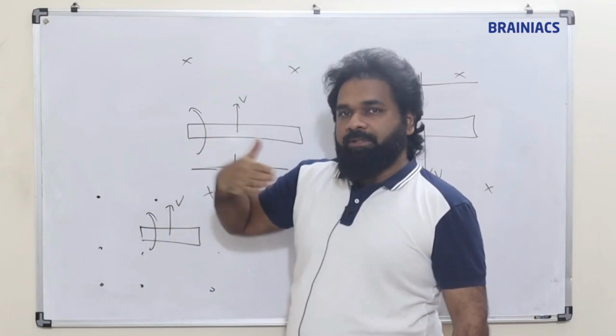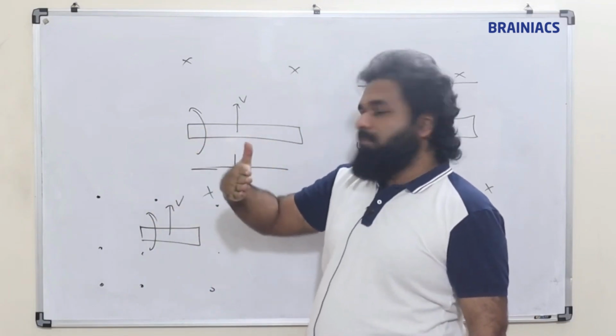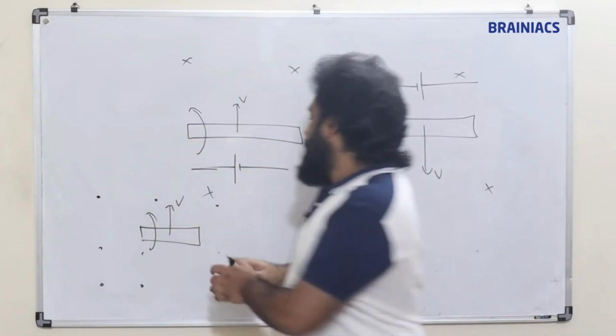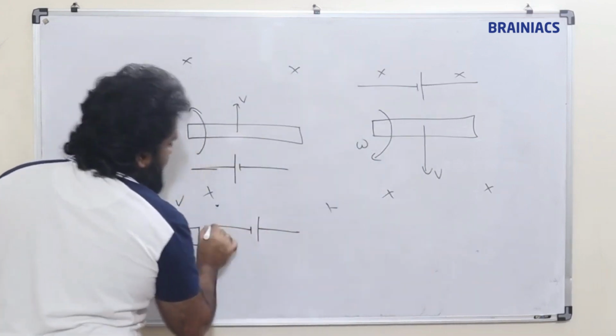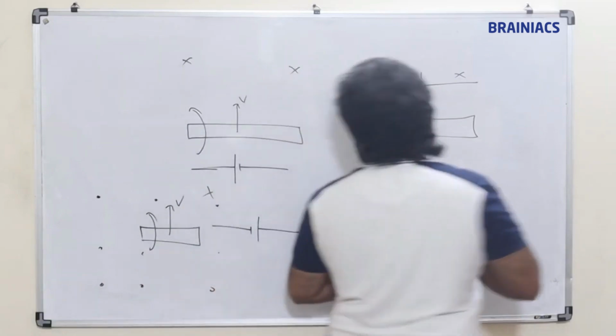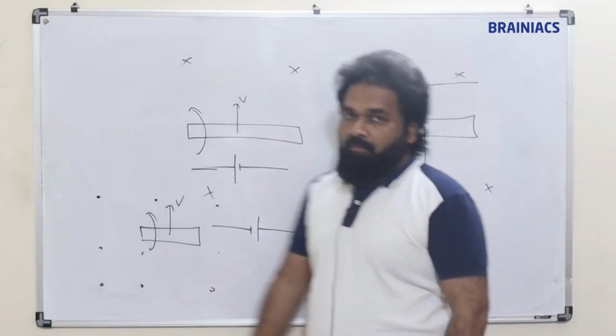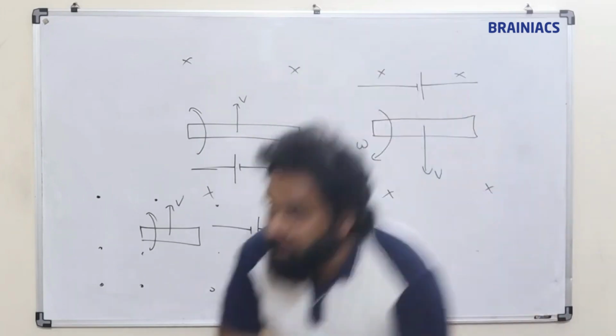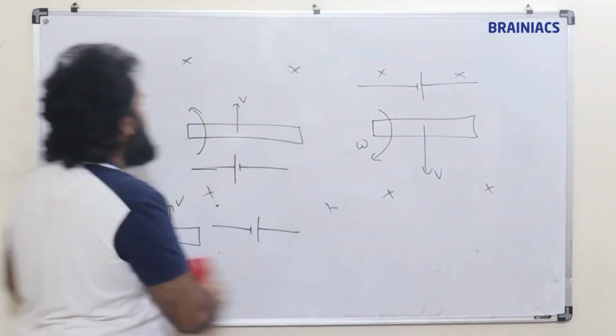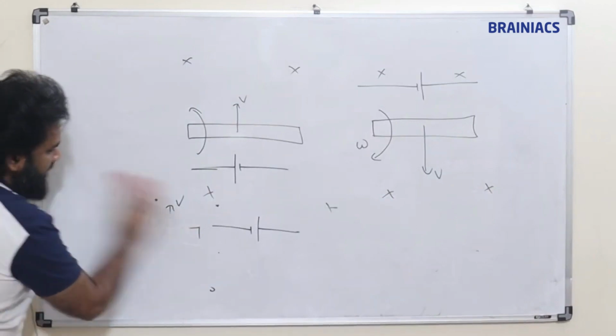So this direction is the direction of EMF, positive polarity. So this is going to be the situation. Likewise the direction of EMF can be found. Clear? Okay, shall I erase this? Okay, fine.